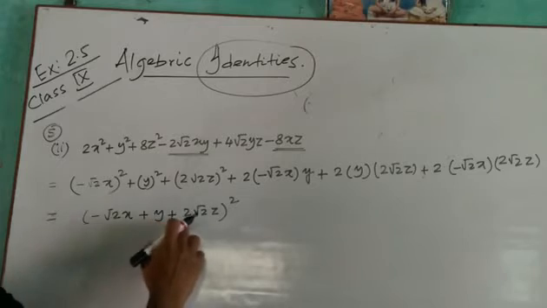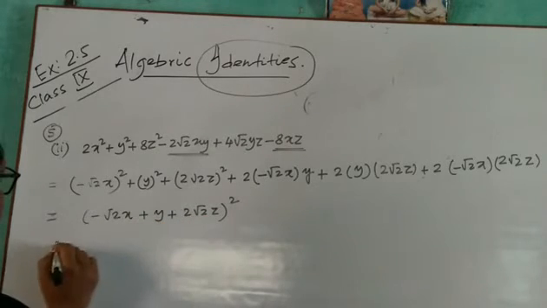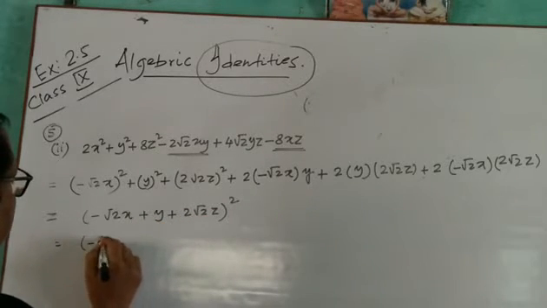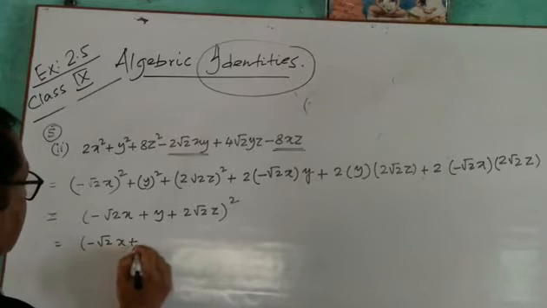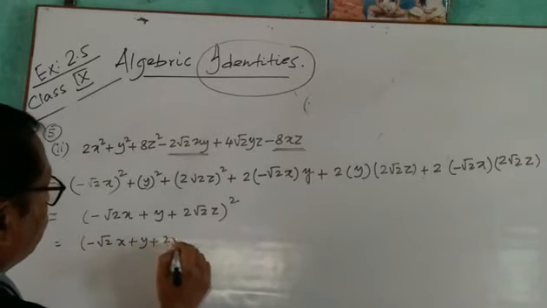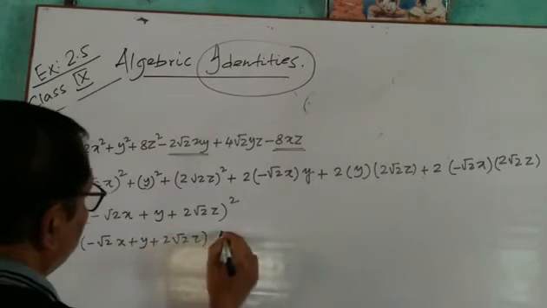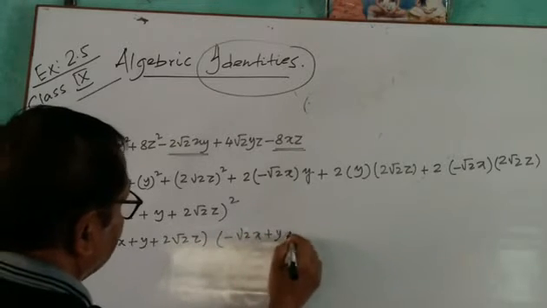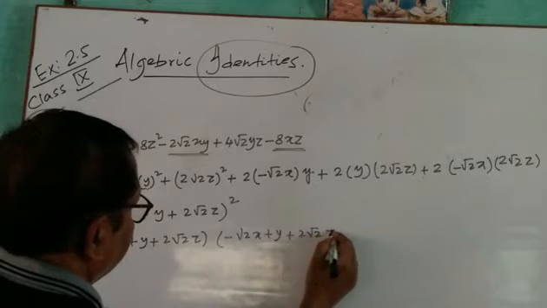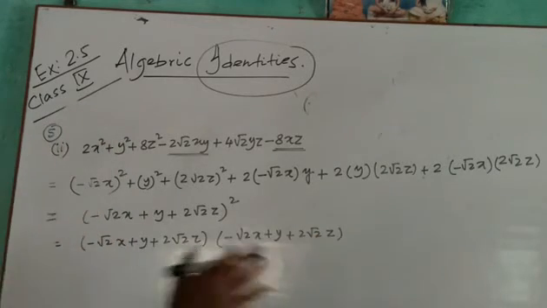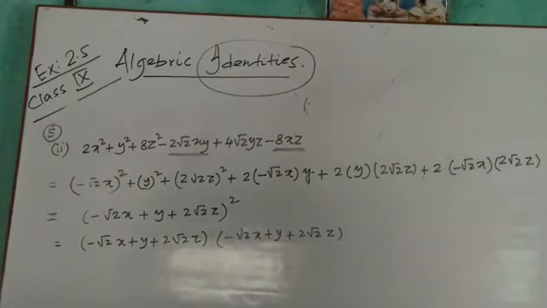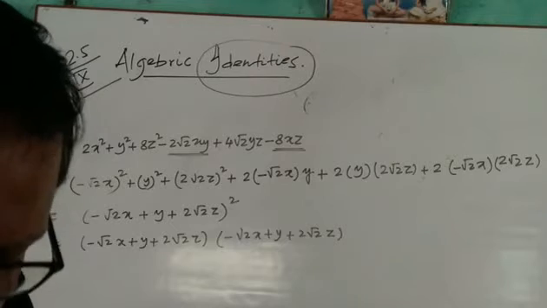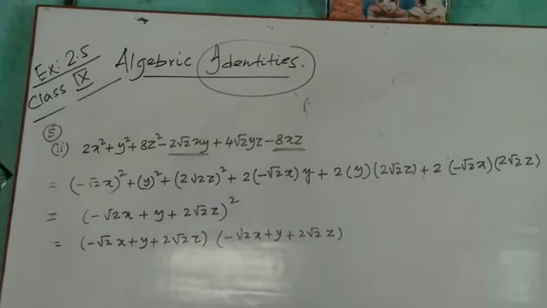You can write it twice: (-root 2 x + y + 2 root 2 z) into (-root 2 x + y + 2 root 2 z). Two times I have written because it is a square given. This was your question number 5. One of the 2 questions I have discussed, students. The remaining one you will do.